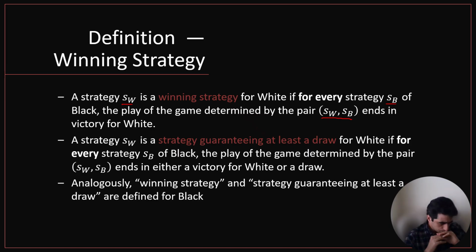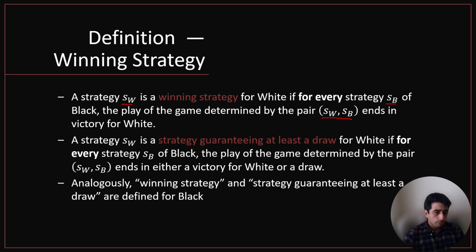That means no matter what strategy black chooses, the winning strategy of white is going to win the game. That's basically consistent with the informal definition I had for the winning strategy in the previous slides.